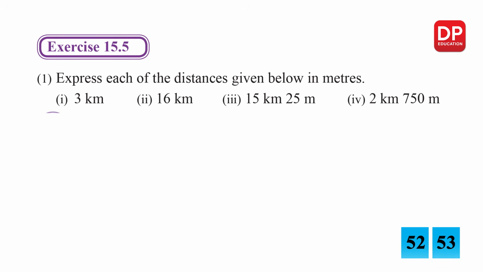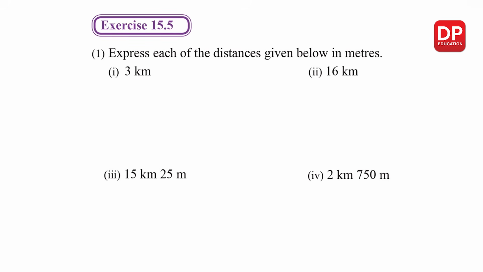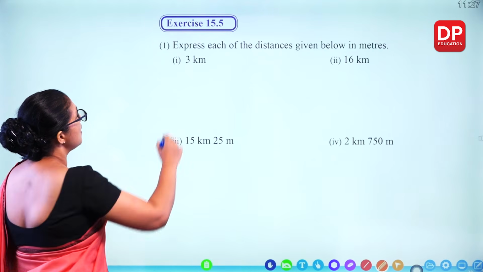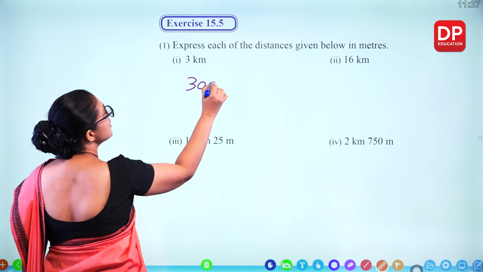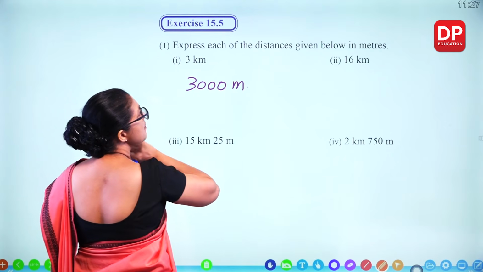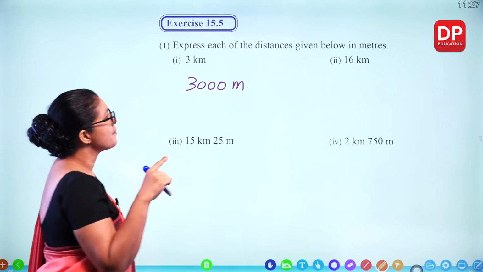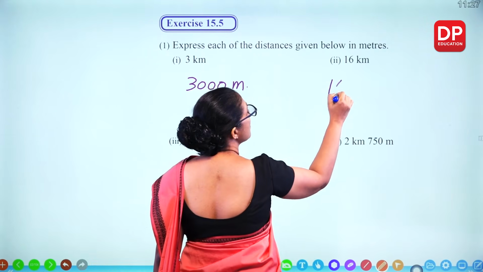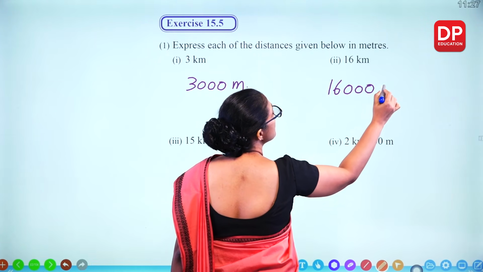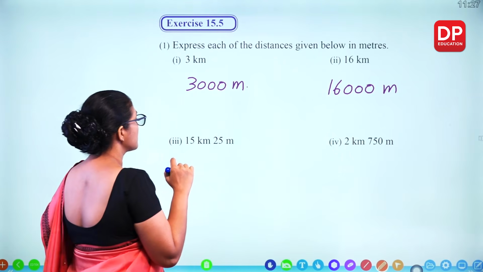Exercise 15.5. Express each of the distances given below in meters. Multiply by 1000. 3000 meters. Multiply by 1000 means you put 3 zeros. 16 becomes 16,000 meters.